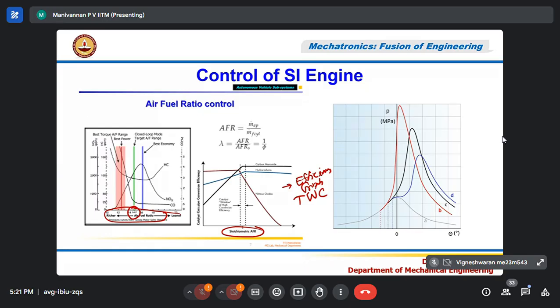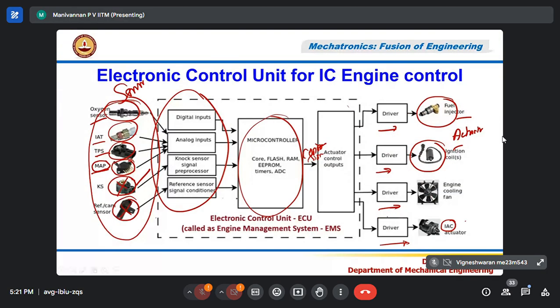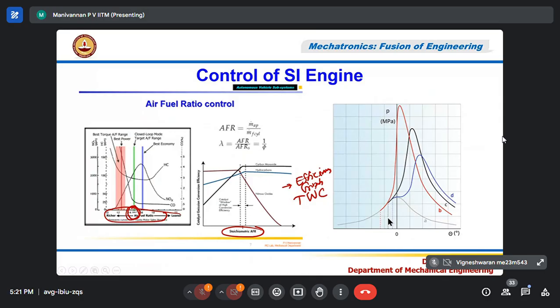If I want to have less pollution, I have to run my SI engine at the stoichiometric air-fuel ratio 14.7:1, and then also if I attach my catalytic converter at the tailpipe, then I can reduce my CO and HC emission considerably.